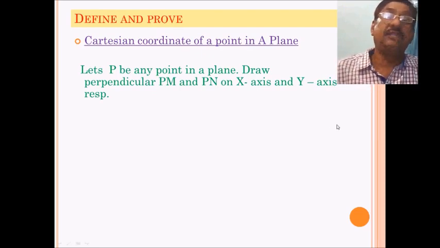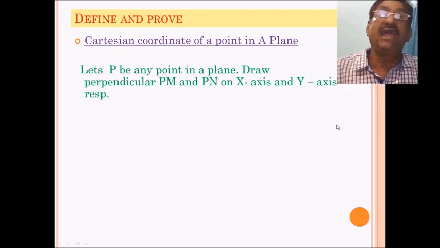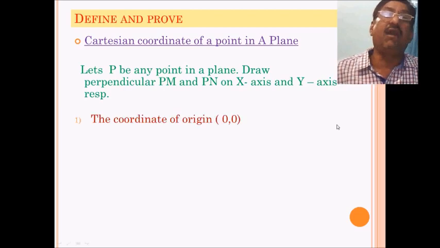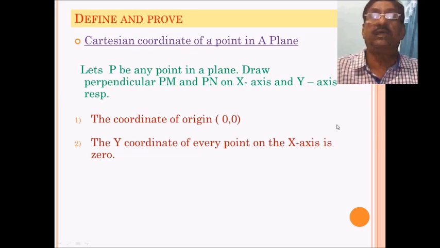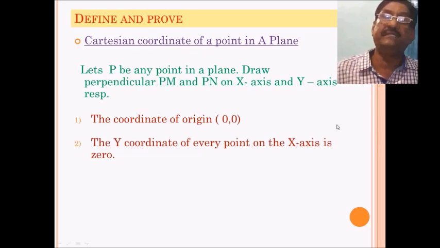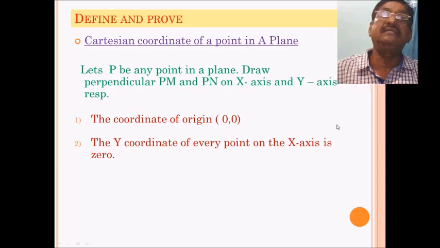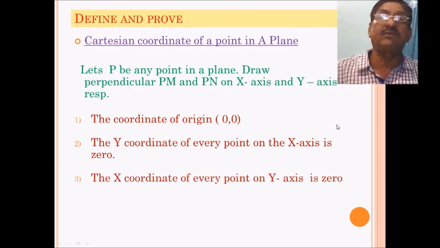Similarly, a point on the y-axis always has x coordinate 0. The coordinates of the origin are 0, 0. That means every point in this plane is represented by two coordinates. The first coordinate is always the x coordinate and the second coordinate is always the y coordinate.